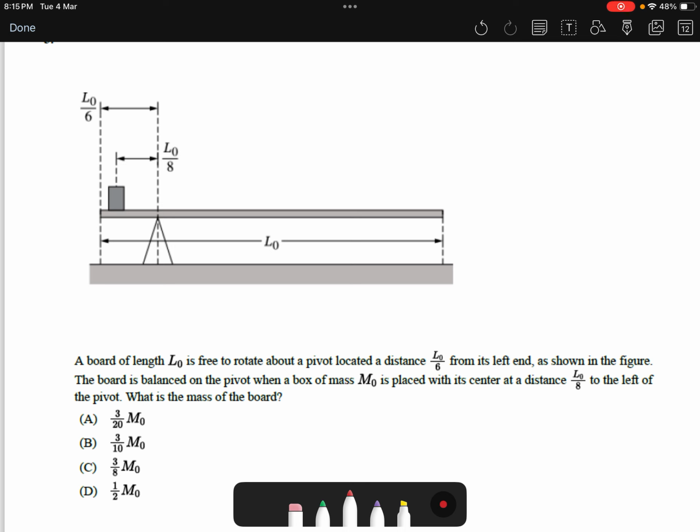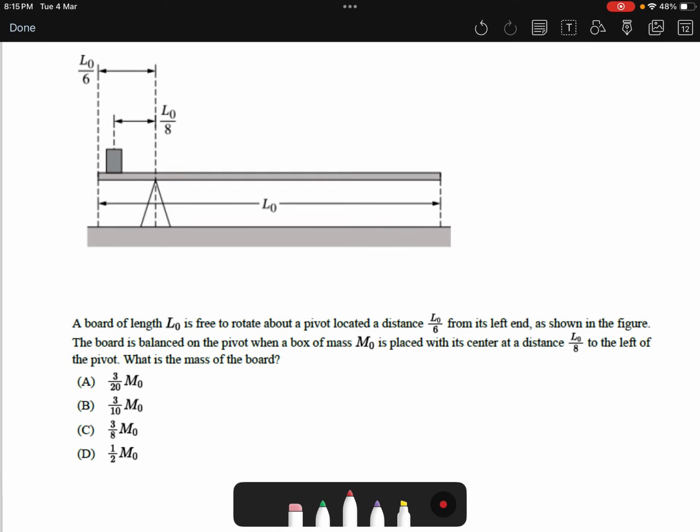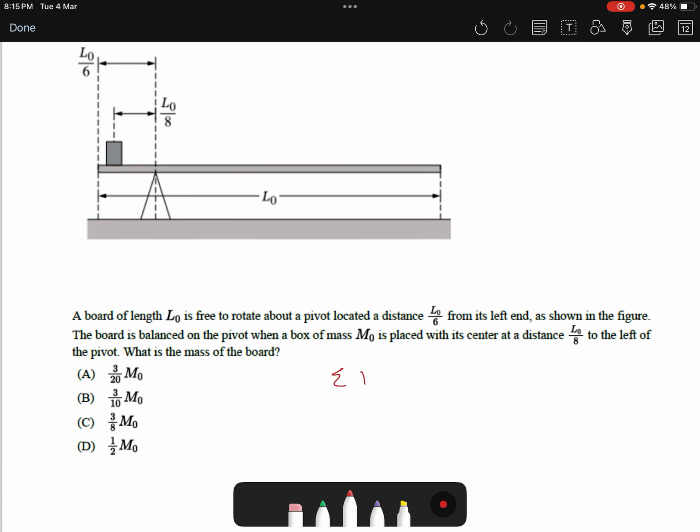Since the board is balanced, net torque equals 0. So sigma tau equals 0. What are the torques here? We have 2 torques: one because of the mass of the block, and another because of the board itself.